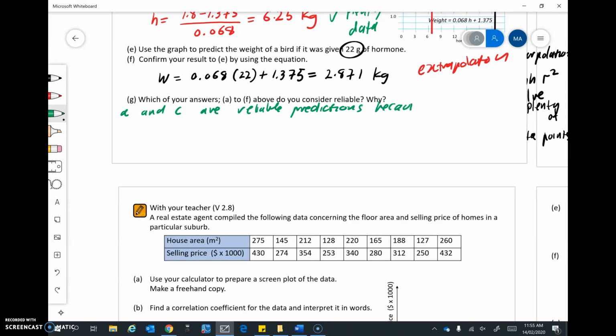Now we want to talk about the points in our statement. We want to touch on all those points, okay? They're reliable because they are interpolations. The R squared value is high. And there is plenty of data.